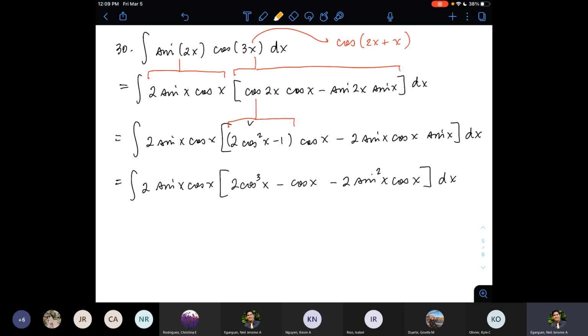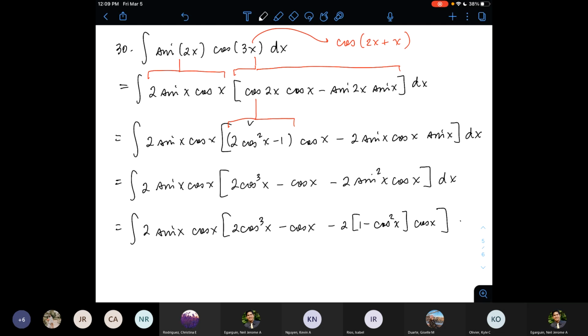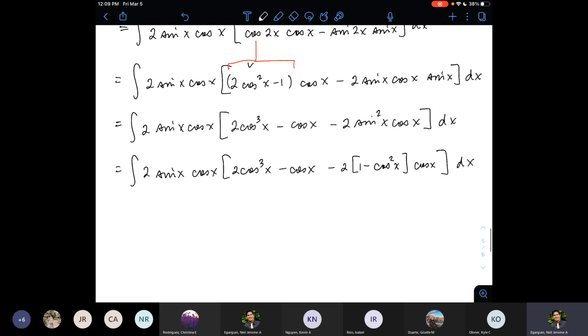So essentially, I can write the integral further as 2 sine x cosine x times 2 cosine cubed x minus cosine x minus 2 times 1 minus cosine squared x times cosine x dx, right?